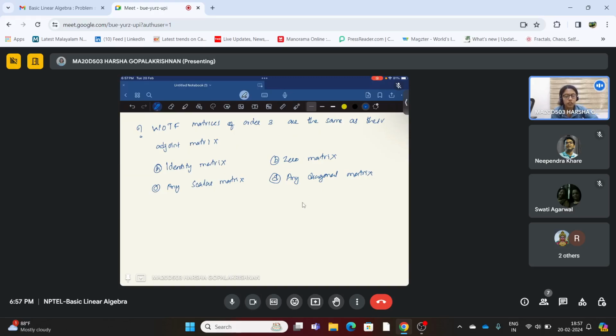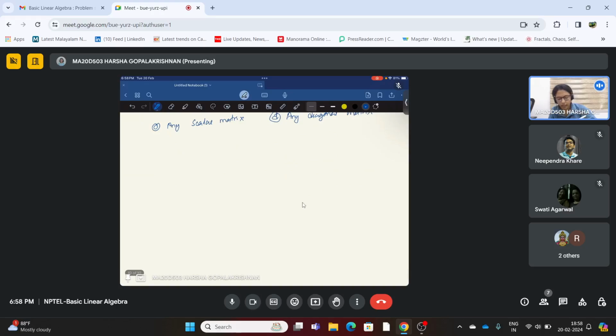What will be the adjoint of an identity matrix? Any idea? Okay, let us see a 3 by 3 identity matrix I: 1 0 0, 0 1 0, 0 0 1.